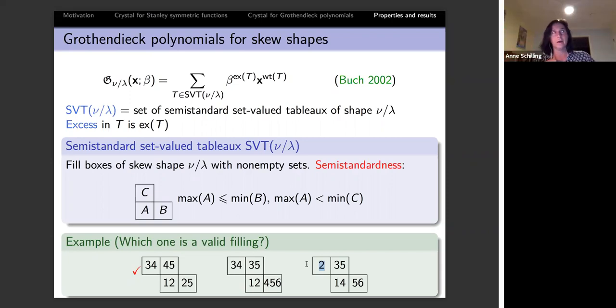And so again, if you think back to last week's lecture, we had these decreasing factorizations for the reduced case.